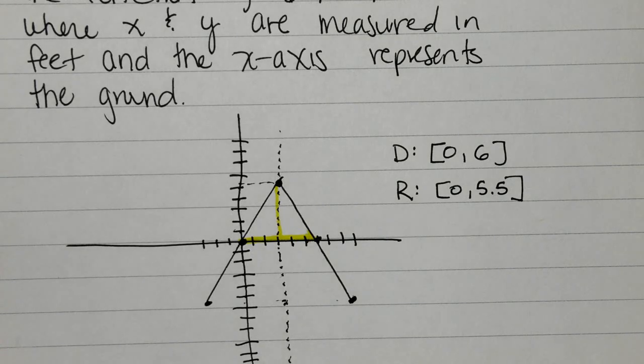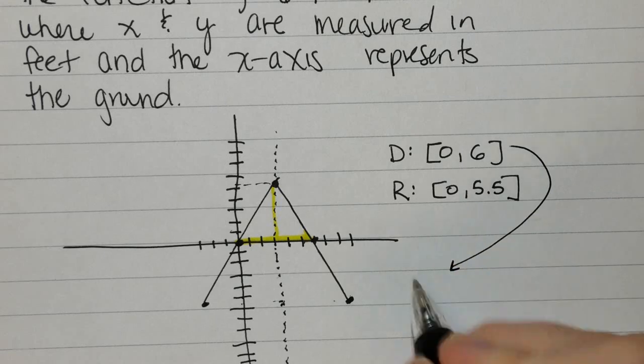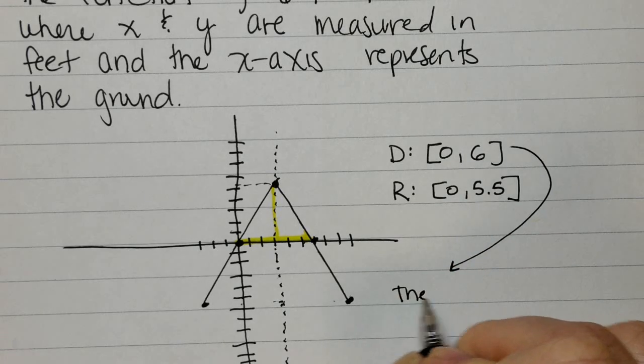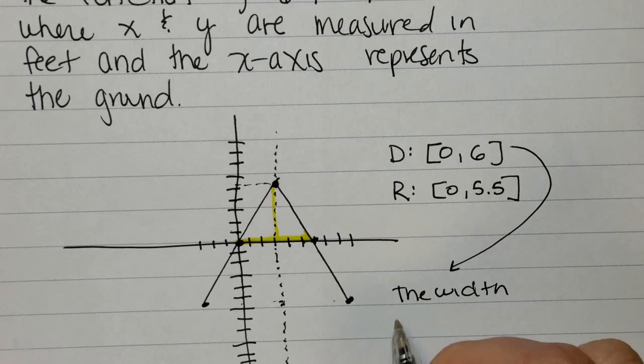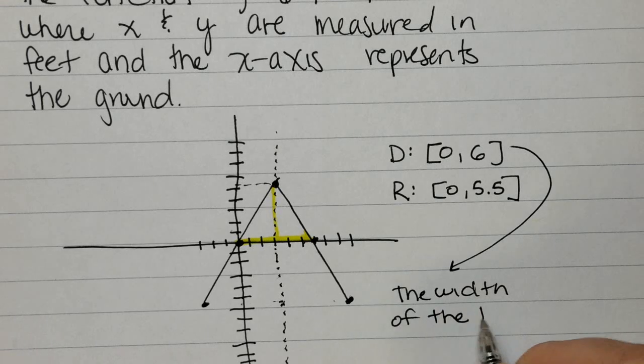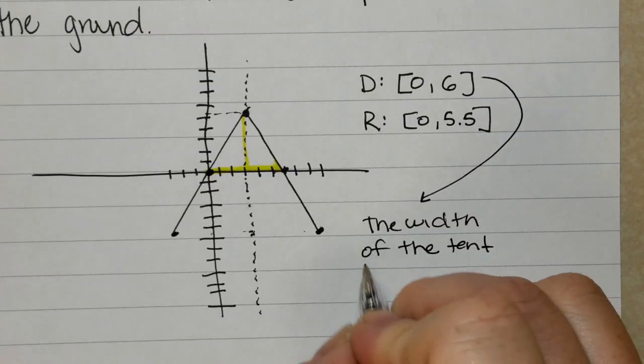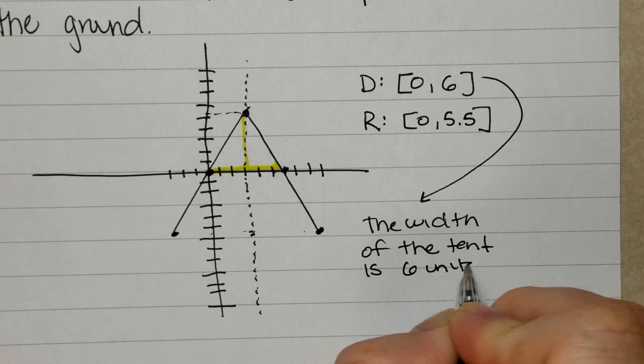Now we're going to interpret the domain and range within the context of this problem. So in words, what does this mean? It means the width of the tent is 6 units.